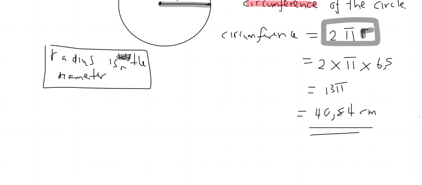If the question had asked me to find the circumference in terms of pi, I was going to leave my answer as 13 pi. But in this case, the question wanted me to leave my answer to 2 decimal places.